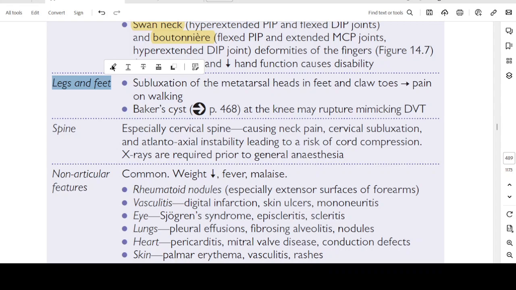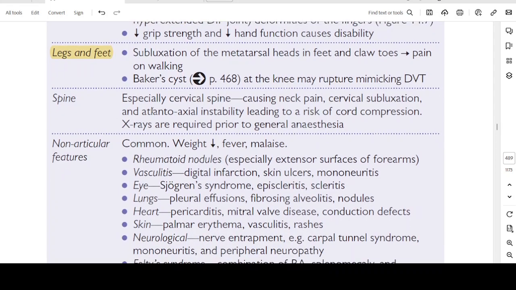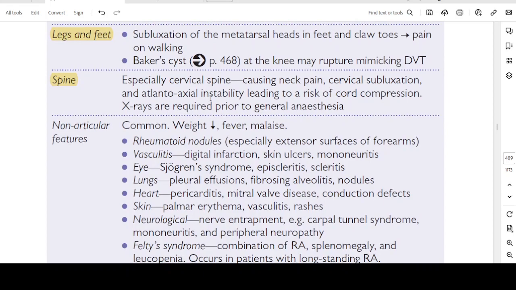Legs and feet: subluxation of the metatarsal heads in the feet and claw toes. Pain on walking. Baker cyst at the knee may rupture mimicking DVT. Spine, especially the cervical spine, causing neck pain, cervical subluxation and atlanto-axial instability leading to a risk of cord compression.